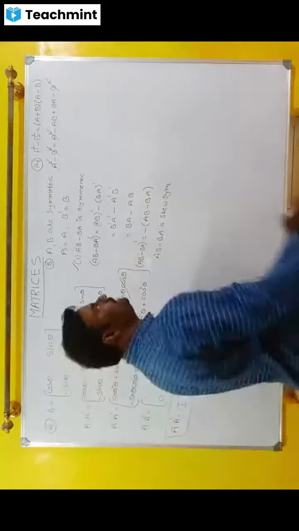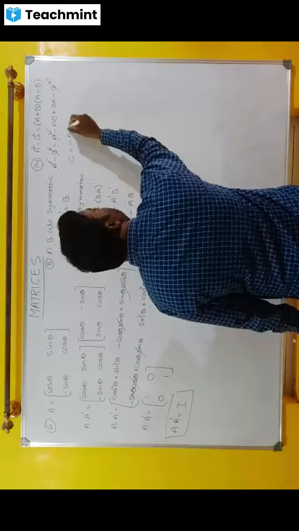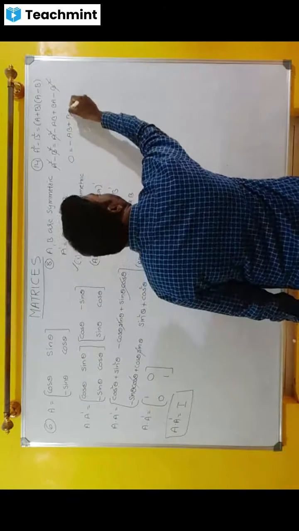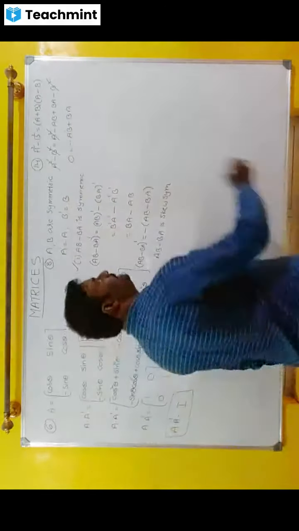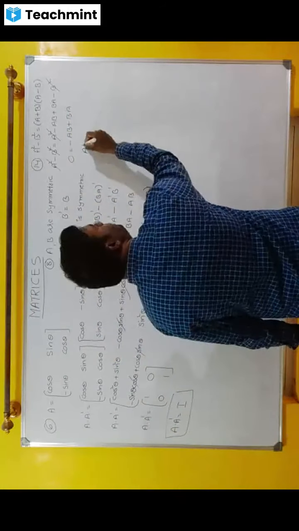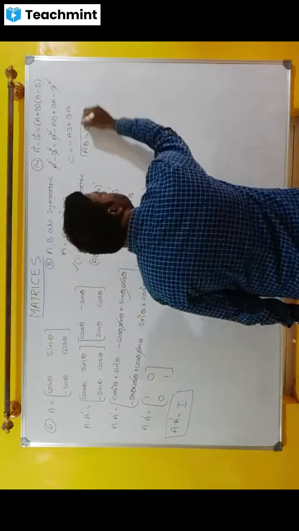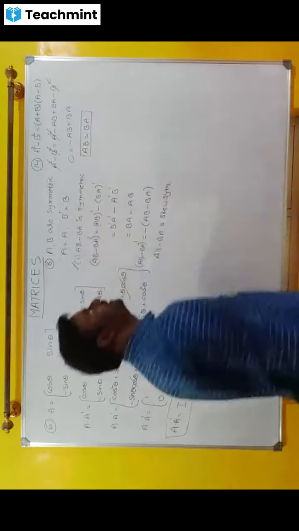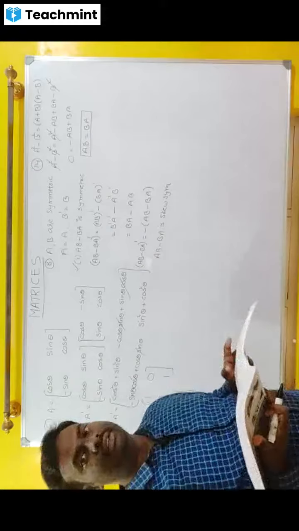Then what is remaining? 0 is equal to minus AB plus BA. This minus AB comes to this side, it becomes plus AB. Therefore, AB is equal to BA. This is the condition we got for question number 14, that is nothing but the third option.